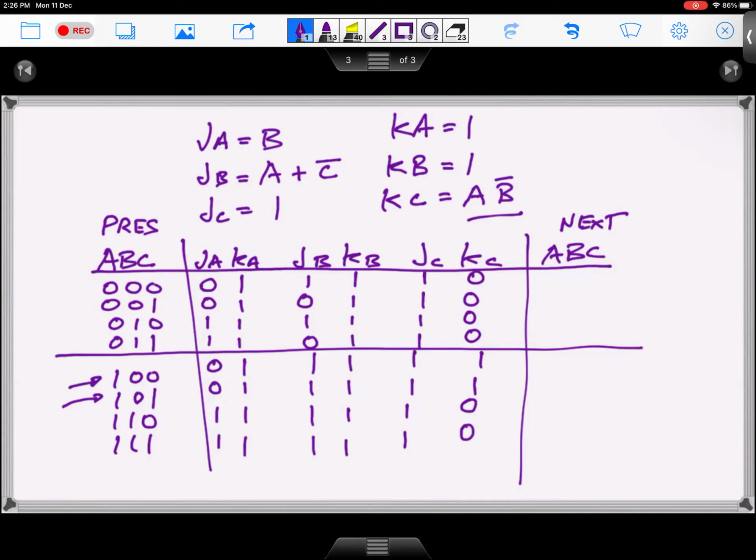So the next stage now is to look horizontally and see what we get.